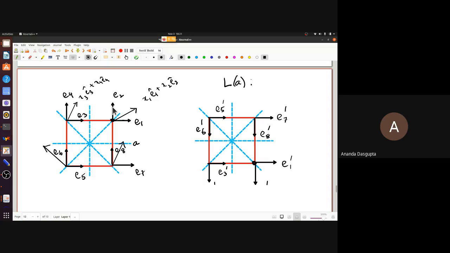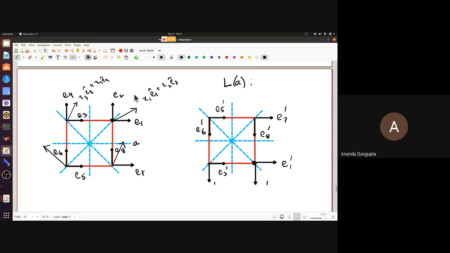So for example, this vector is the displacement of this atom, which will be of the form x1 e1 plus x2 e2. This vector will describe this atom, which will be of the form x3 e3 plus x4 e4, where e1, e2, e3, e4, these 8 basis vectors are simply vectors we have chosen for ourselves. Okay, these are our basis vectors.